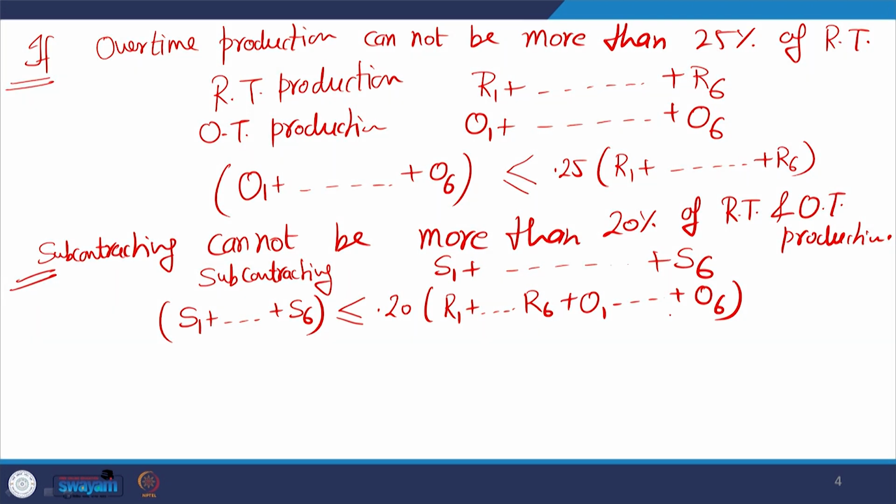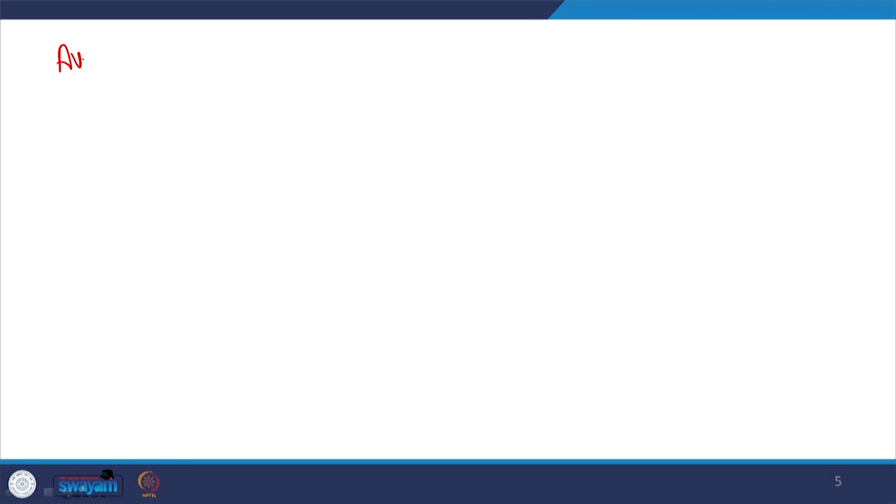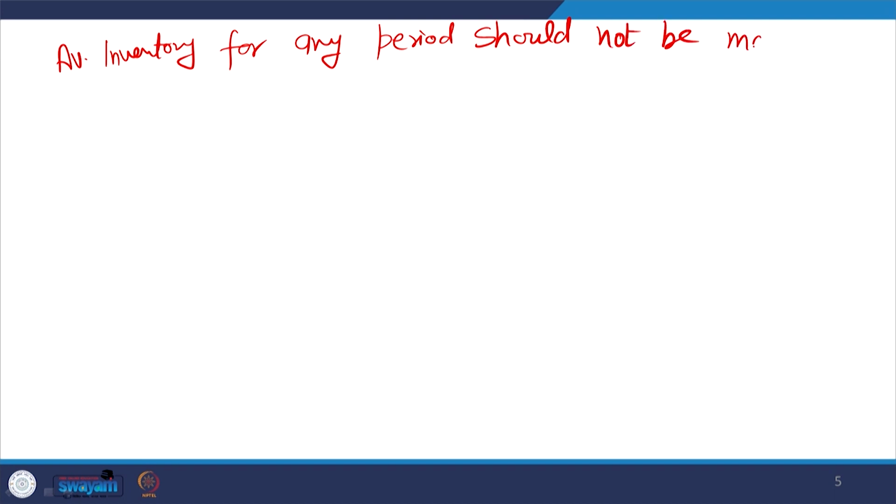Then another constraint can be imposed that average inventory for any period should not be more than 100 units.